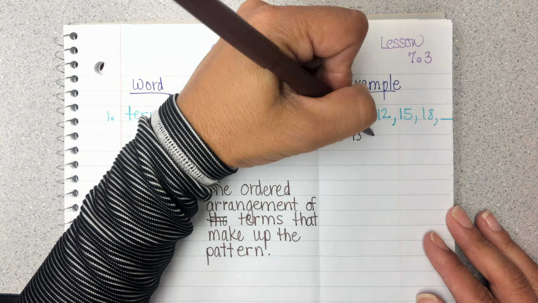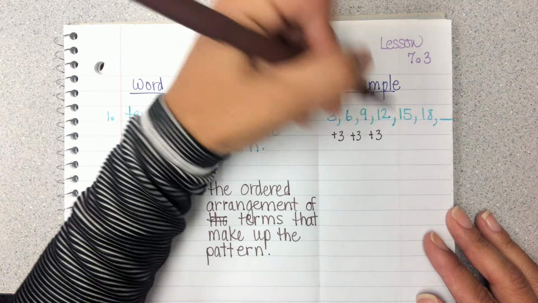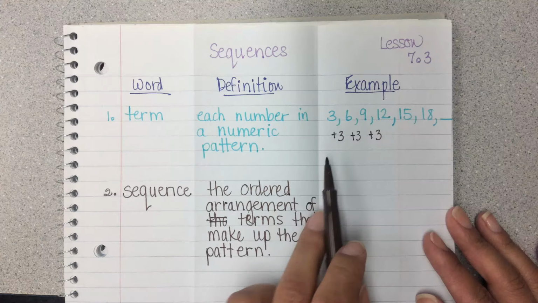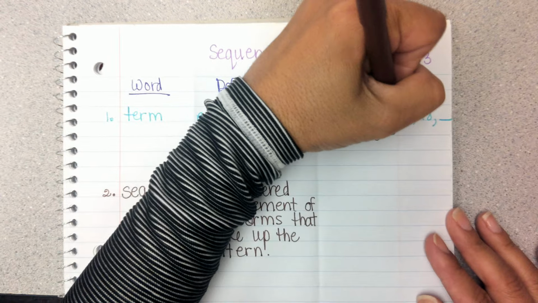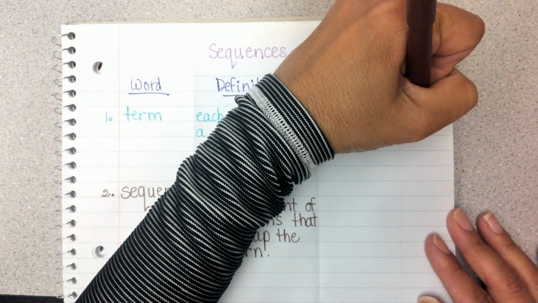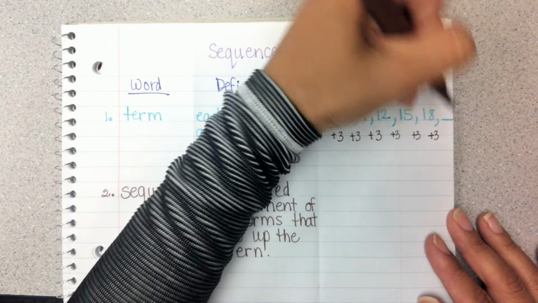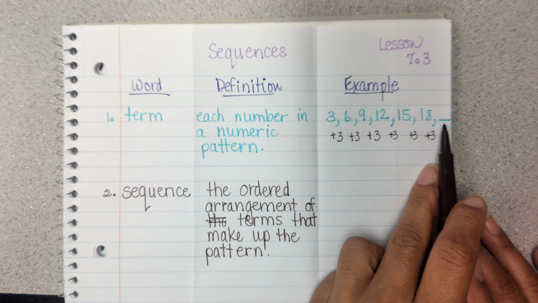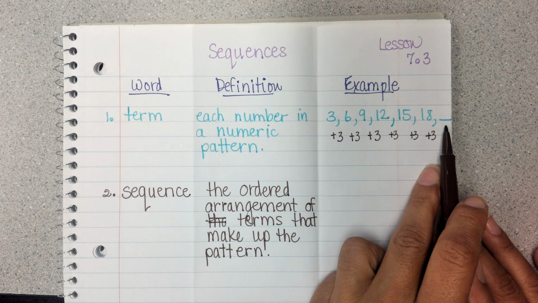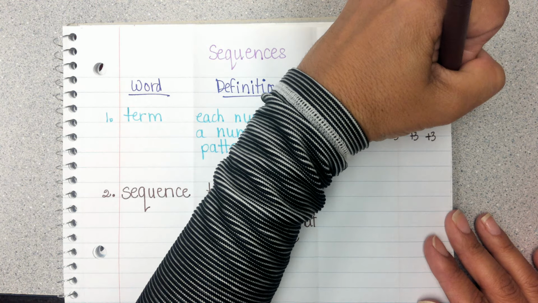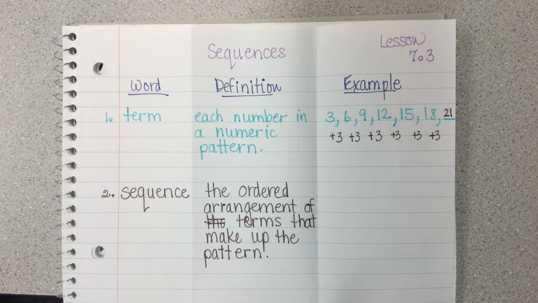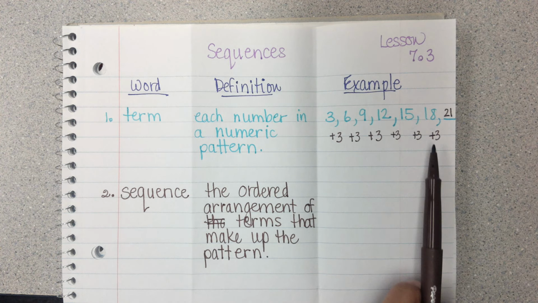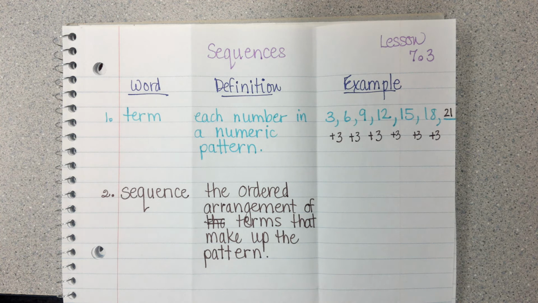This part is the pattern. Knowing that and knowing that it's not changing, you know that you need to add 3 to find the missing term in this sequence, and you'll get 21. So the ordered arrangement of the terms that make up the pattern is a sequence.